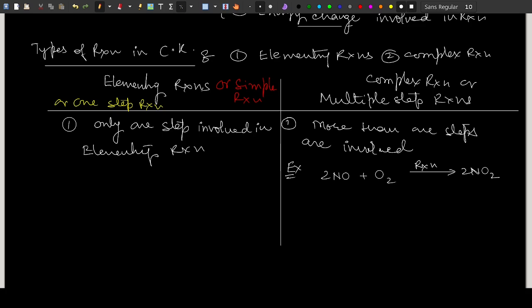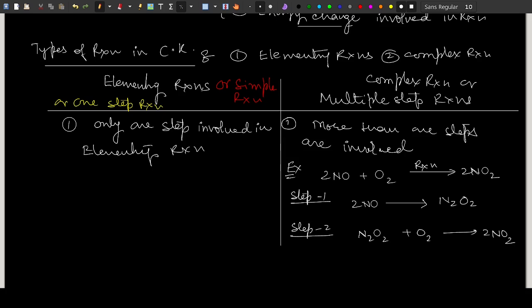First step of reaction, step 1: 2NO changes first into N2O2, and after this in step number 2, N2O2 reacts with O2 and gives 2NO2.